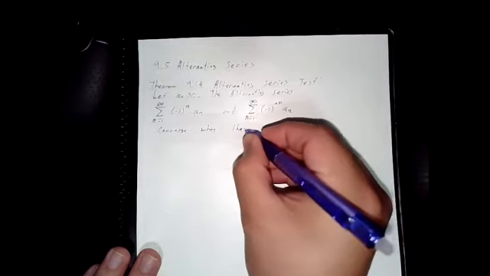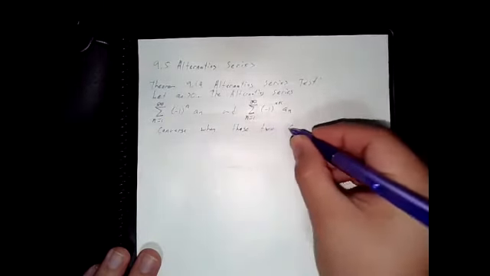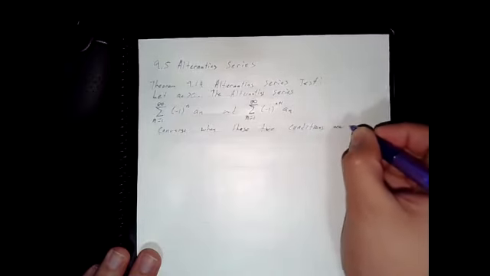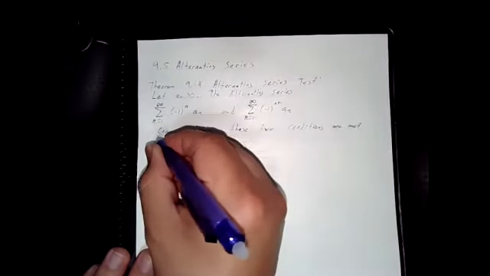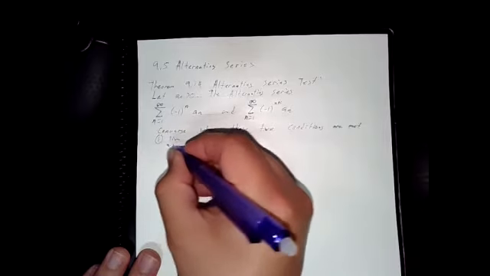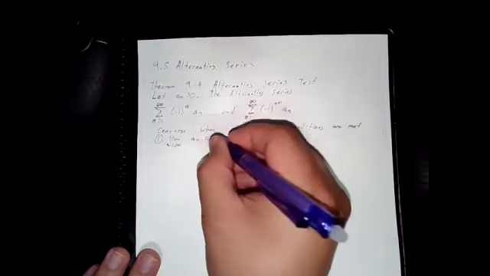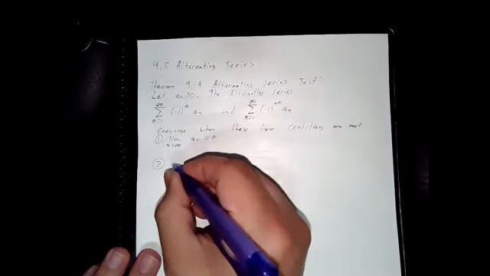When these two conditions are met. Number one, the limit as n approaches infinity of an is equal to 0. Number two, it must be decreasing.